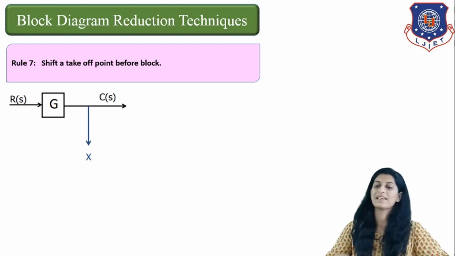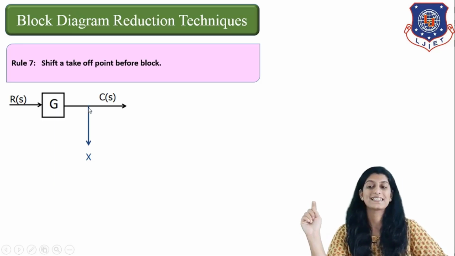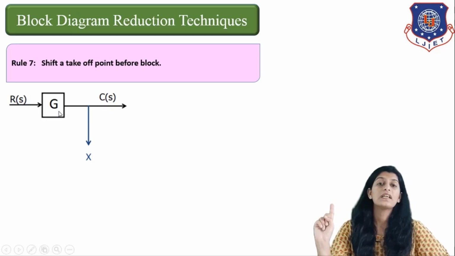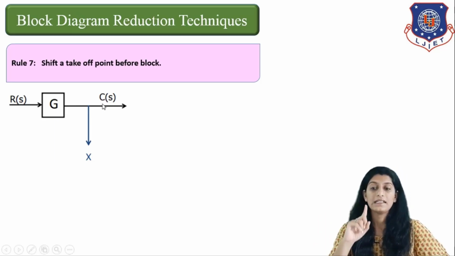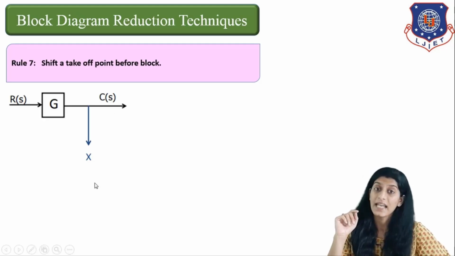If you can see at this particular point, the outlet of G is distributed in two ways. The first one is C of S and the next one is X.